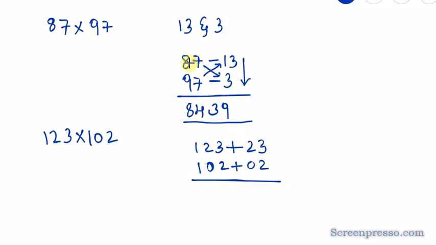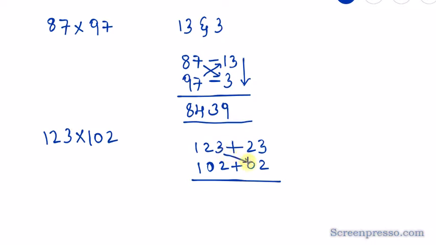What is the concept here? In the earlier example the numbers were deficiencies from the base, so we subtracted from the given numbers. But in this example the numbers are more than the base values, so we write them with a plus symbol, then we perform the calculations.